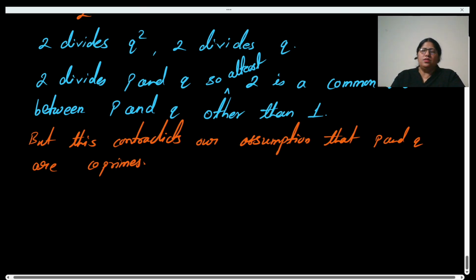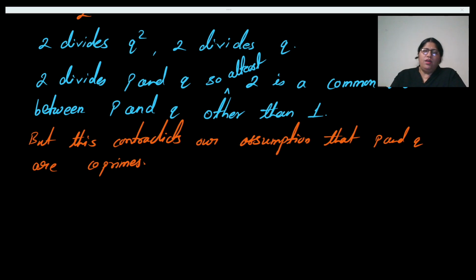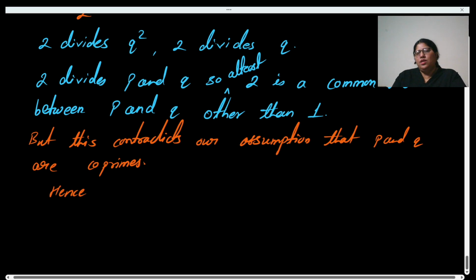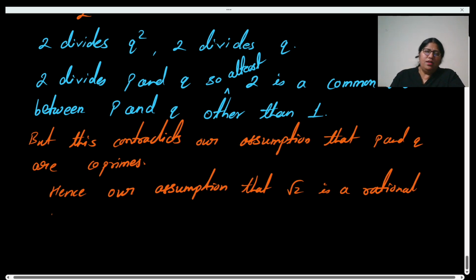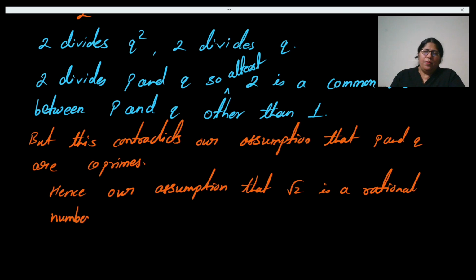So therefore, using this contradiction, we write down, hence our assumption. What did we assume? Root 2 is a rational number. Our assumption that root 2 is a rational number is incorrect, or wrong.